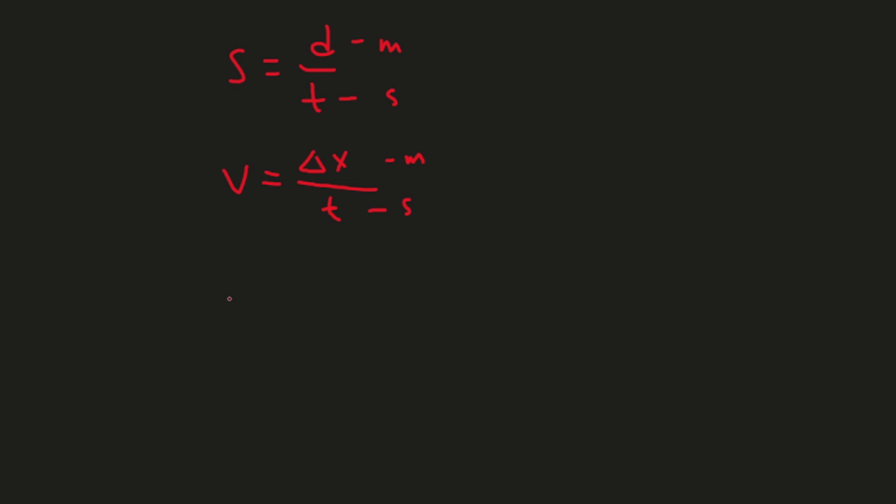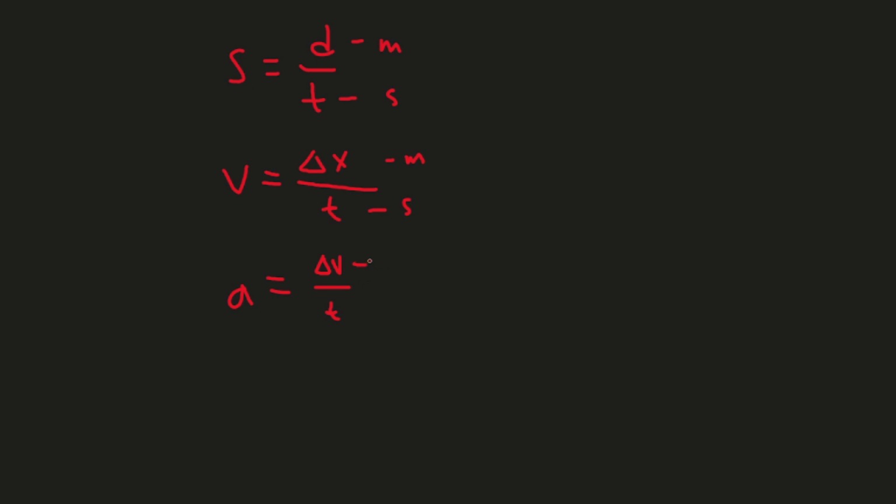Now, we're going to get on to acceleration. We know that acceleration is the change in velocity over time. So it has basically the same format as the velocity and speed equation: the change in velocity over time.